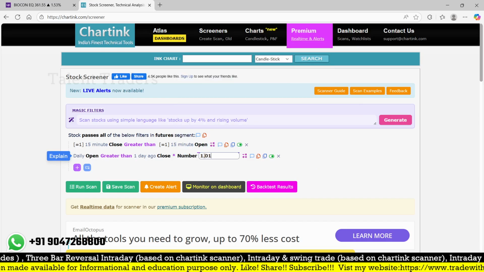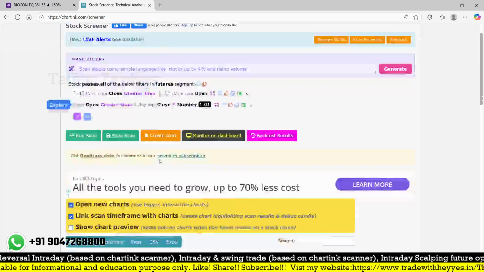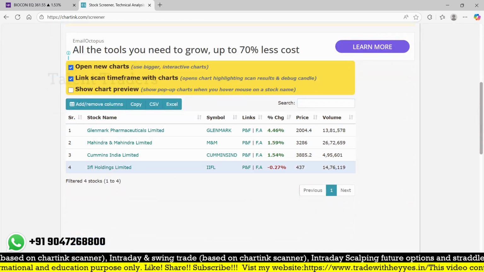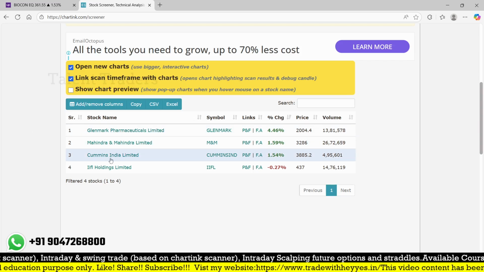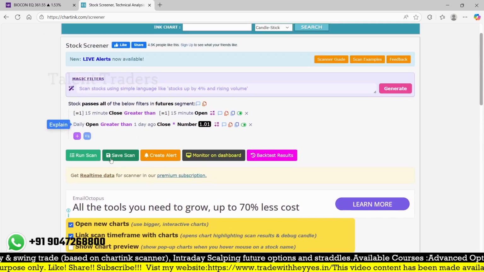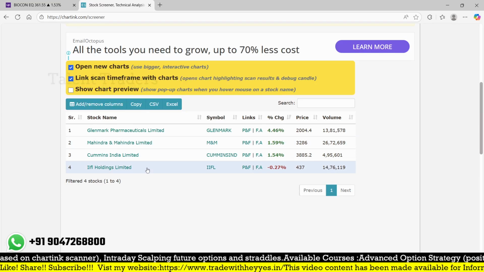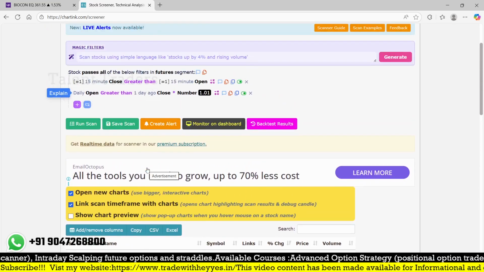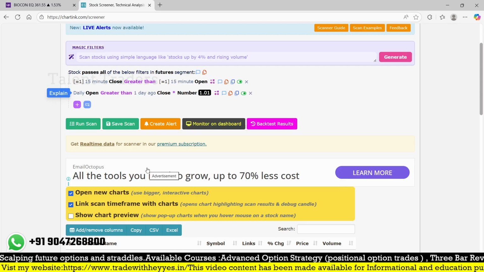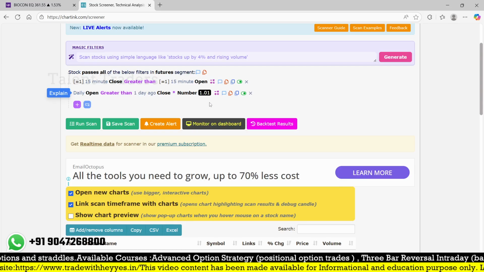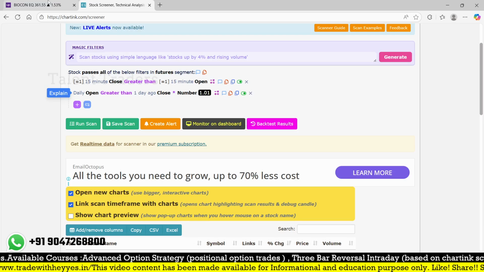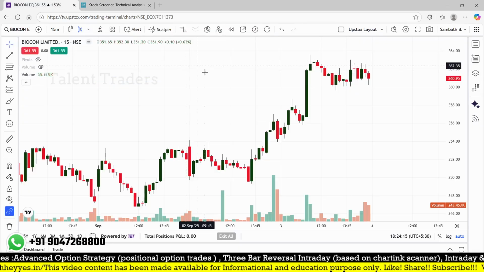I'll go for 1.1. So this also works, and these are all the stocks which I found, opened above the previous day close. This much of stock has opened 1% gap up compared to the previous day. So I'm just going to check any stocks, Glenmark.